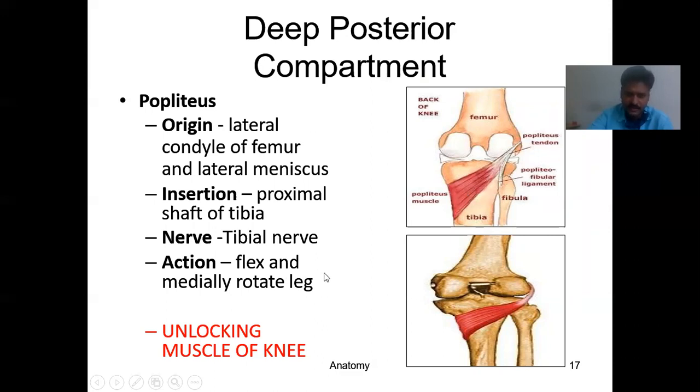Action: it flexes and medially rotates the leg. Of course, it is a very important muscle, what is called the unlocking muscle of the knee. It produces medial rotation of the leg and flexes the leg. So that is the function of the popliteus.